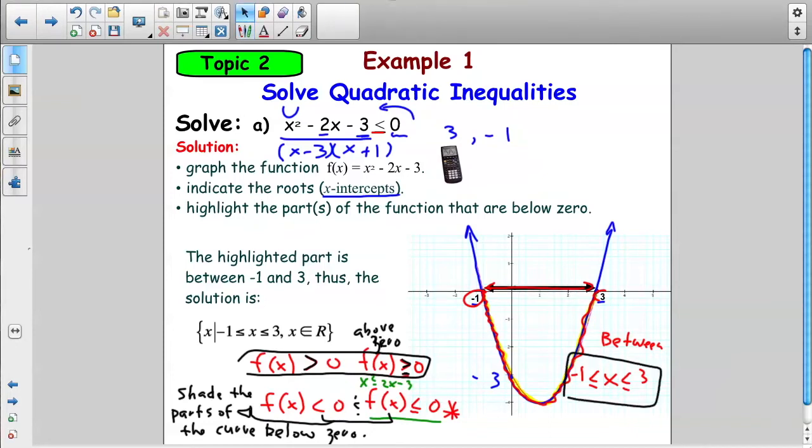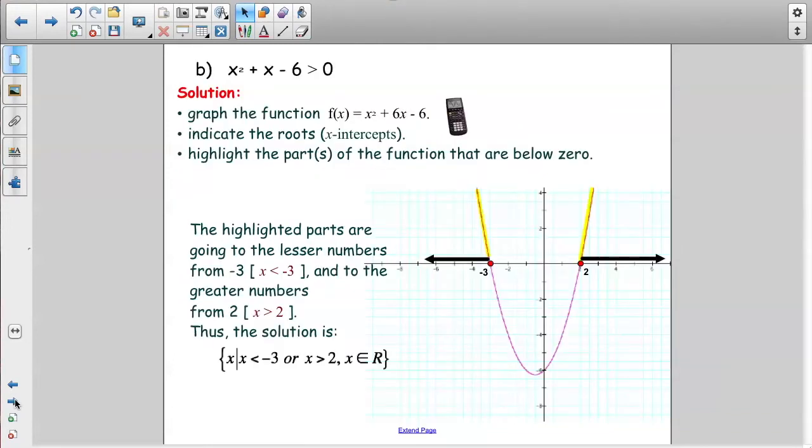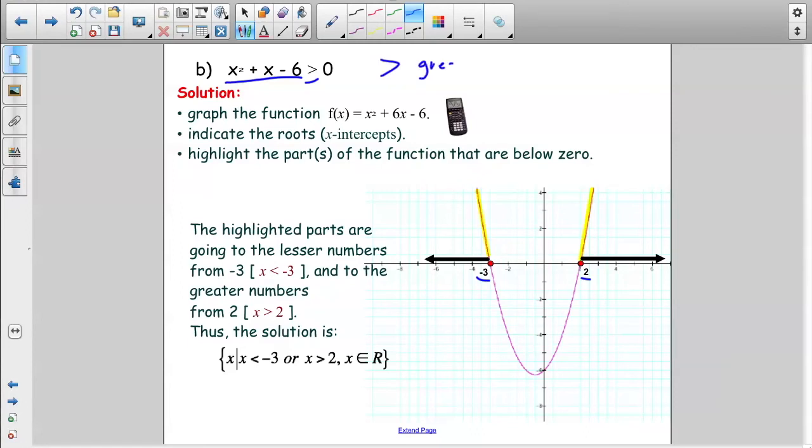All right? So the other scenario is we take this function, we graph it, we get its roots. Okay, it's a happy face. So there's the happy face. Now, we're shading, this is greater than, which means above the 0.